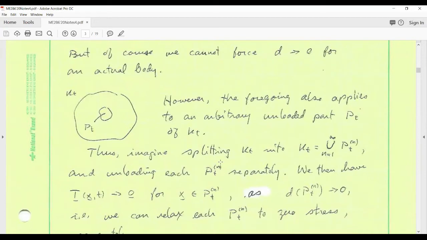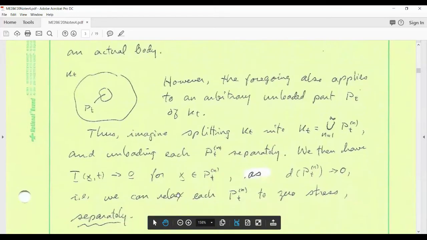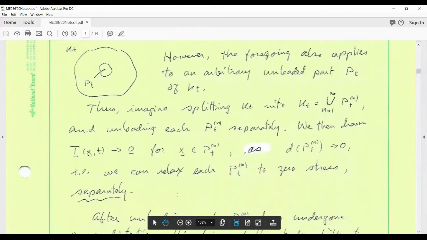Okay? If we let the number of subbodies go to infinity, then the size, the diameter of each one of them is tending to 0. So in each subbody then, whose size is arbitrarily small, the local stress tends to 0 for each unloaded subbody. Okay?